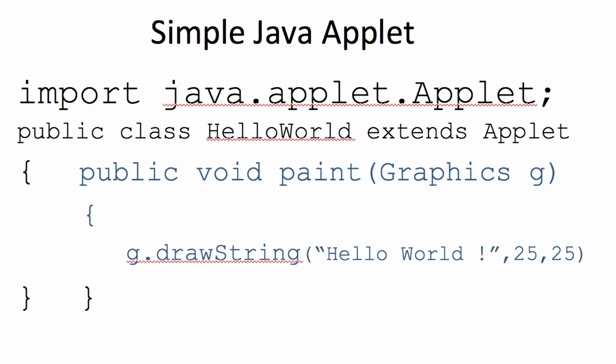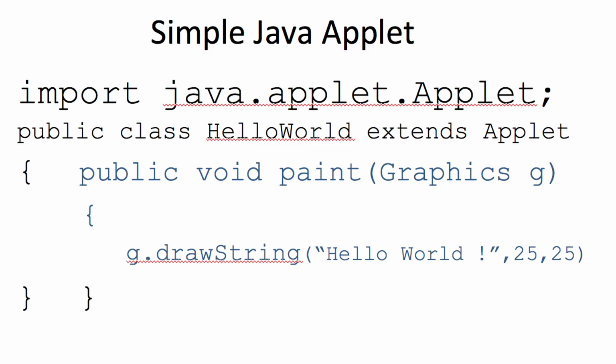So we can execute an applet on a Java enabled web browser, a web browser which supports Java. But today most new browsers support applet programs, because new browsers are capable of executing all types of programs. So this is a Java applet.